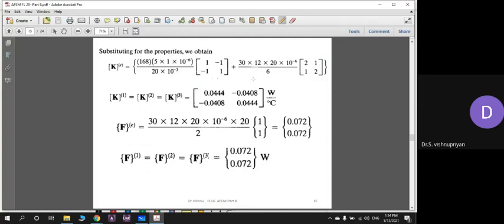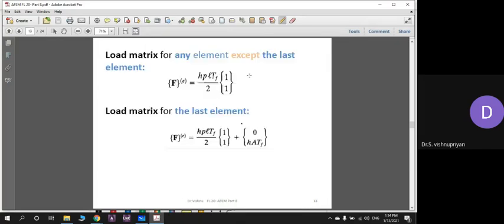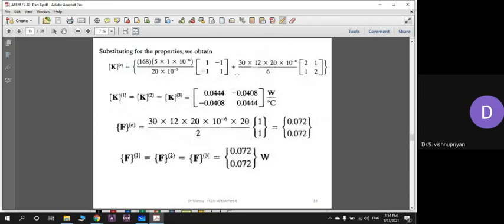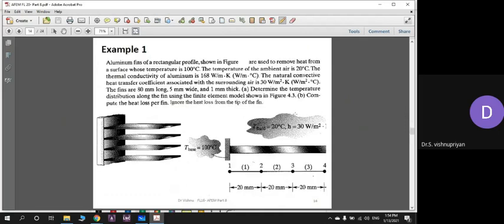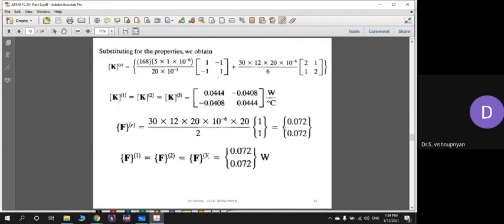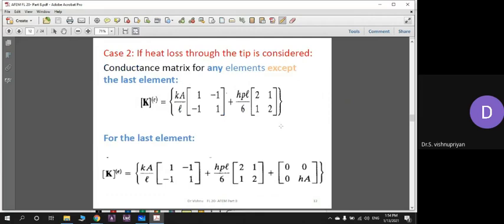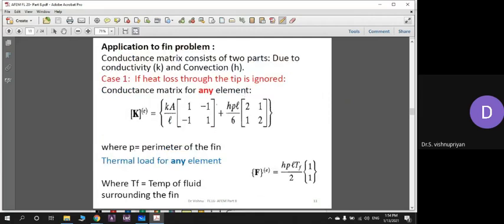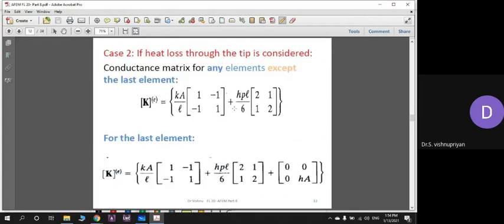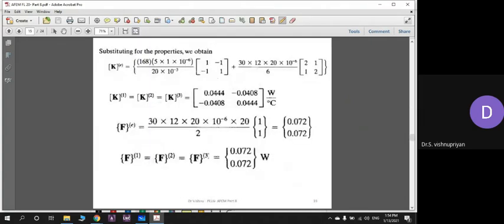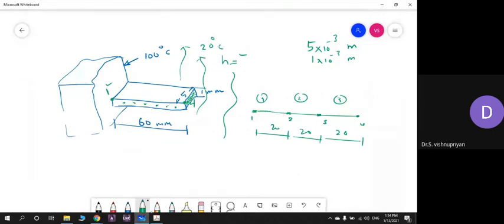Now for the convection, it says hPL over 6. What is this h? It is the convection coefficient which is given to you. 30 watt per meter square Kelvin is the h value. P is the perimeter. If we draw the rectangle here, this is 5 and this is 1.